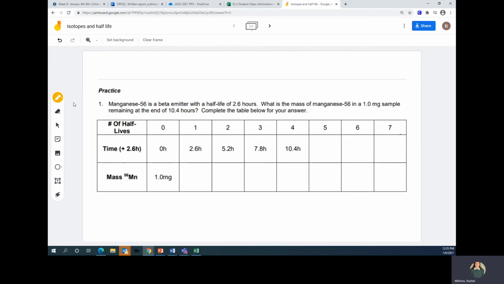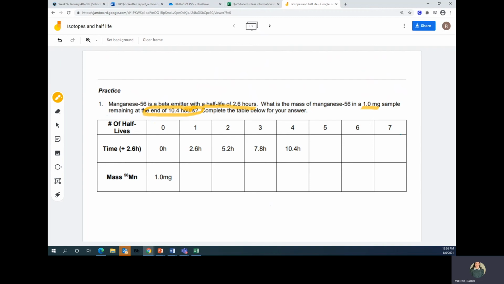So what this question is really asking is how much mass, how much of that isotope will be left after 10.4 hours. Let's review what we know. We know that the half-life of this isotope is 2.6 hours. We also know that the starting mass that we have is 1.0 milligrams. We want to know how much will be left after that 10.4 hours.